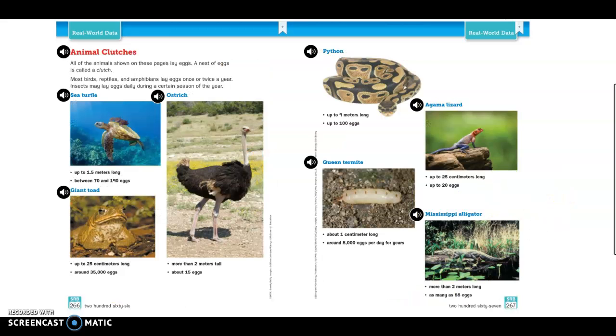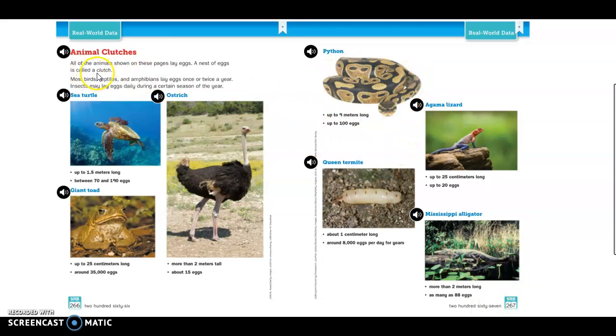They're going to talk about animal clutches in some of our questions in our math workbook, and we can find that information on page 266 and 267.